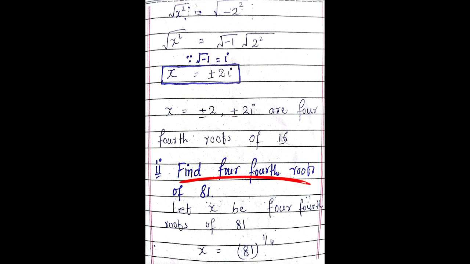Let's solve the second part. Question number 7, part 2. Given that, find the fourth roots of 81. We have to find the fourth roots of 81. Suppose x is the fourth root of 81. It means x is equal to 81 whole power 1 by 4.